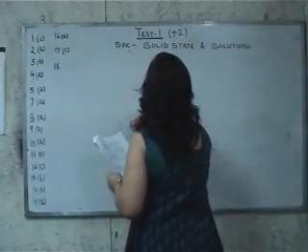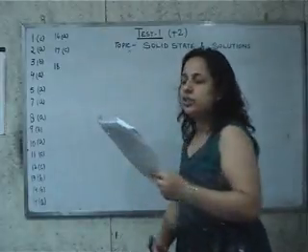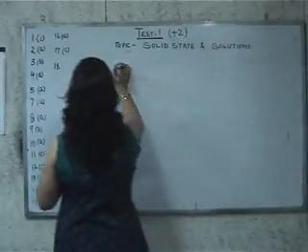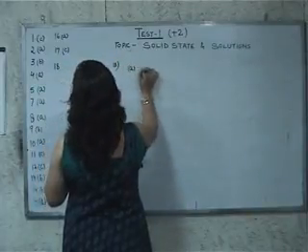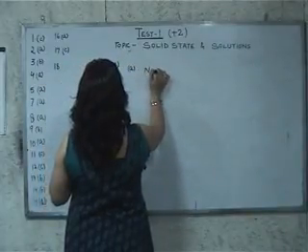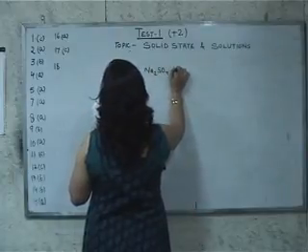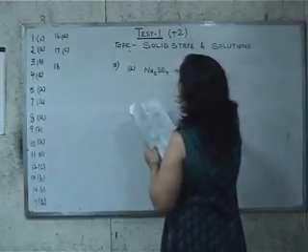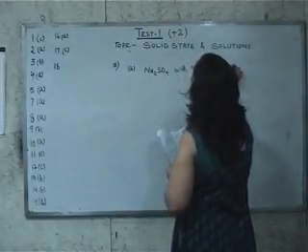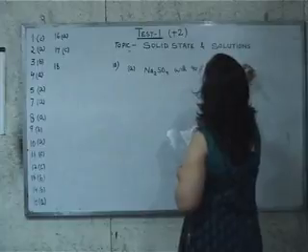We want to know the van't Hoff factor is 3 for which option? A option is sodium sulfate Na2SO4 with 90% dissociation. Here we have dissociation given to you.